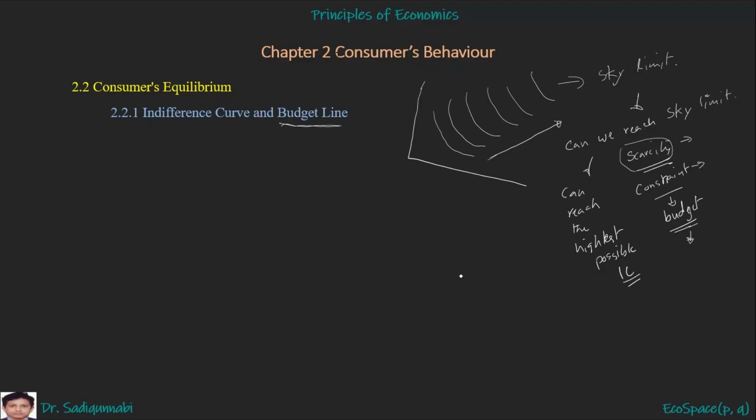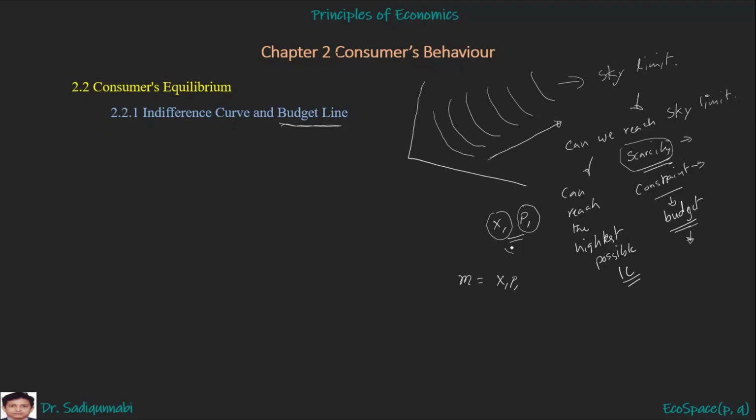Suppose our income is M. For good X1, the per unit price is P1, right? So the total amount of money spent on X1 is P1 X1.